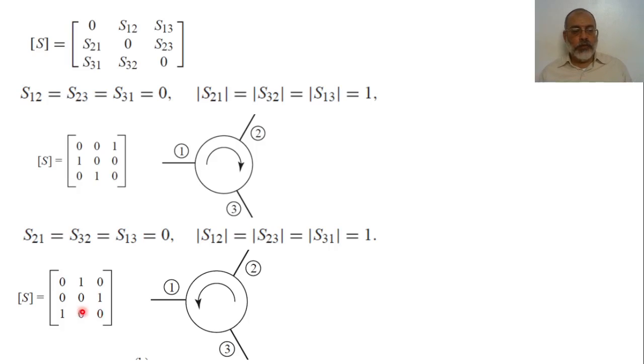So if the excitation or the input power is going into port 1, the output will be from port 3. If the excitation is from port 2, which is the second column, the output will be from port 1.